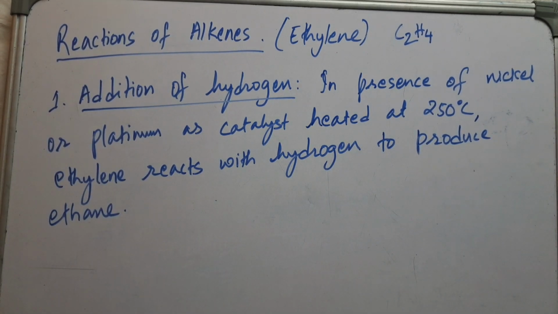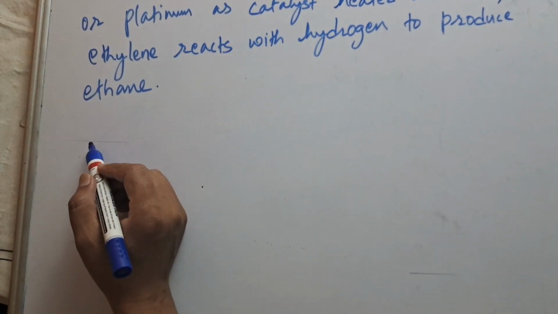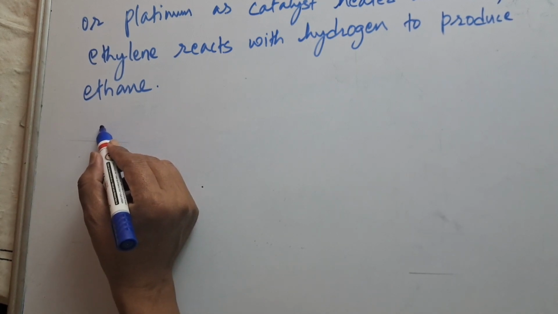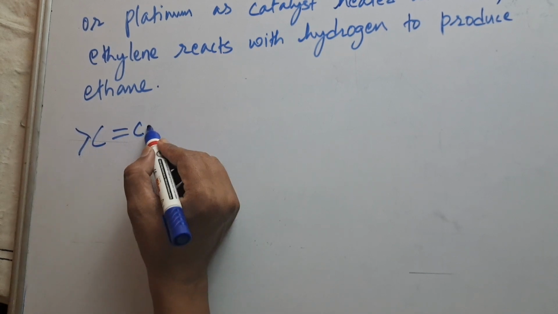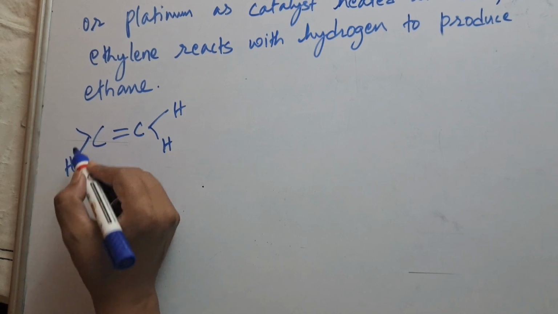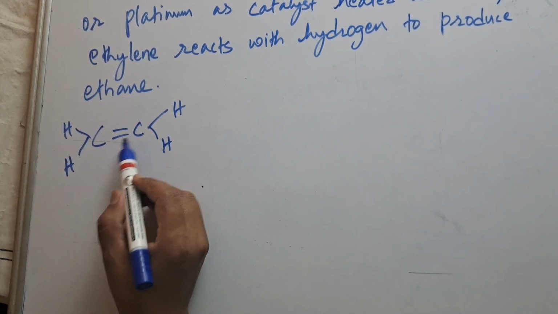Now let's see the chemical reaction to understand this better. We know the molecular formula for ethylene is C2H4. Now let us draw the structural formula: C double bond C, with hydrogen at the four corners. So this is the structural formula for ethylene, C2H4.